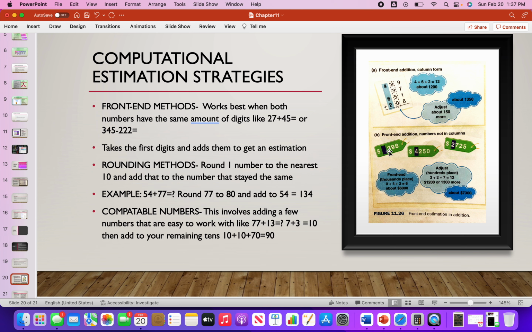So 300 does not have a thousands place, so they leave that as 0. 4,000, they round to 4,000. And then for 2,725, they round to 2,000. They go ahead and 2,000 plus 4,000 is 6,000. And then they go ahead and adjust for those extra numbers they have.